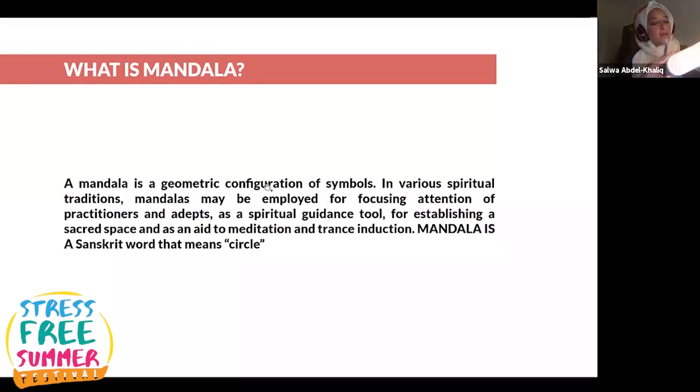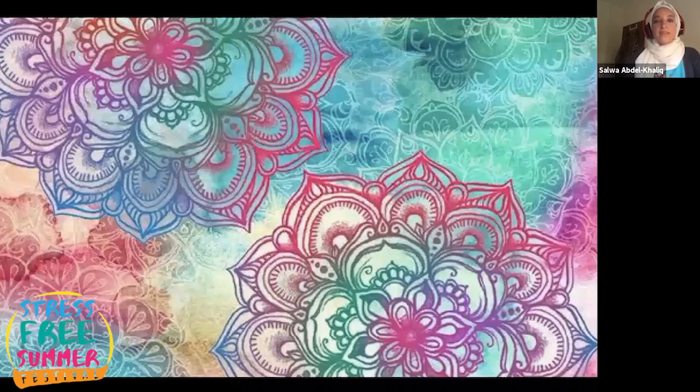For example, the solar system is mandalas, and it was used as a spiritual guidance tool for establishing space and stuff like that. So mandala is a circle. Okay. This is a piece of mandala.